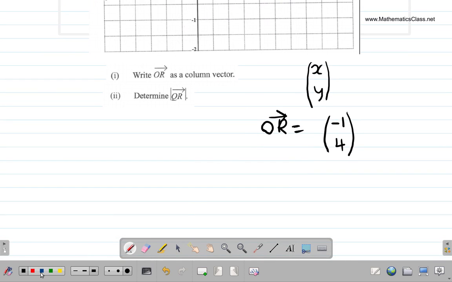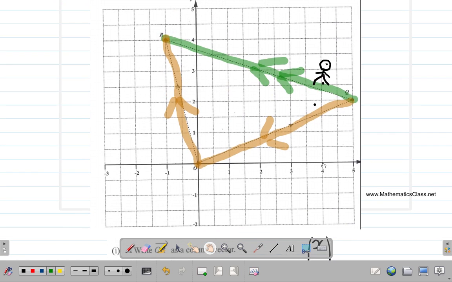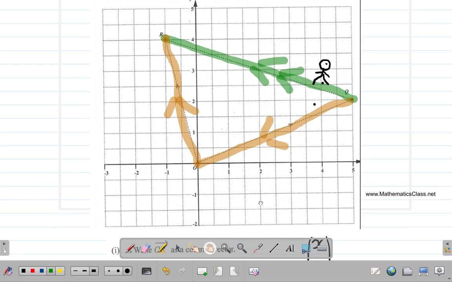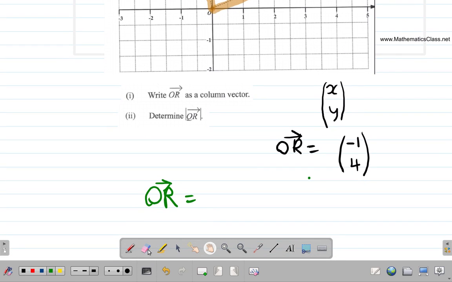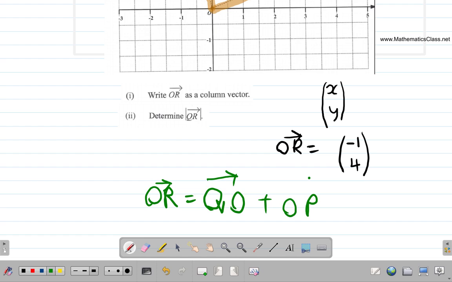Let's write that. QR is equal to QO plus OR.